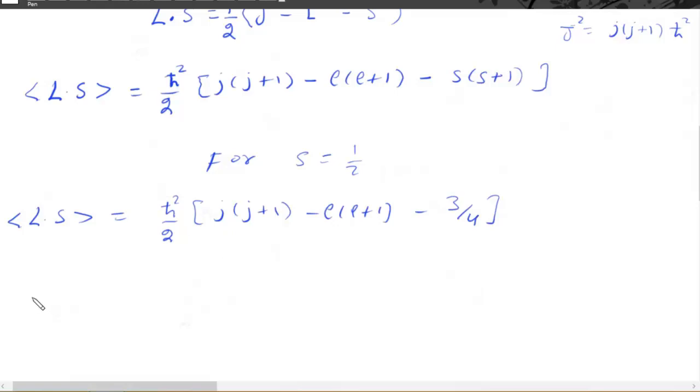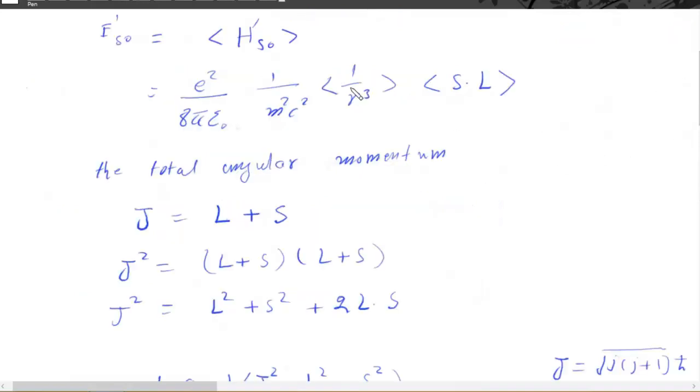Then we will find the expectation of 1 over r cubed, which is equal to 1 over l into l plus 1 over 2, then l plus 1, and n cubed a cubed. Now we put these values into the above equation.